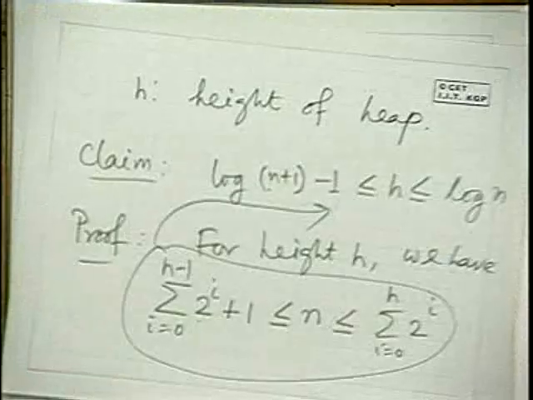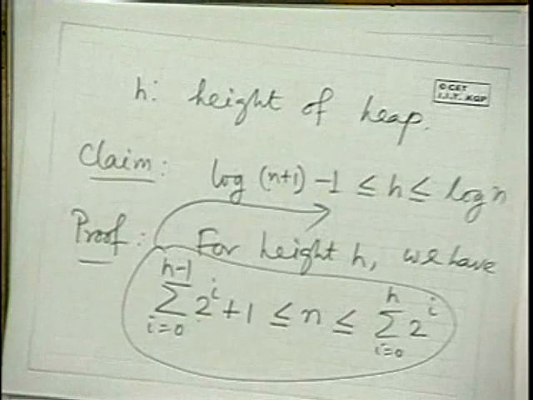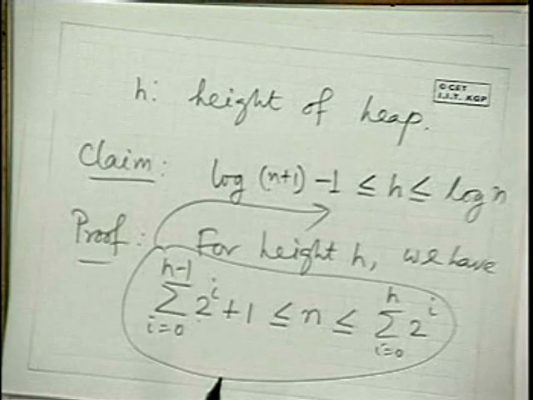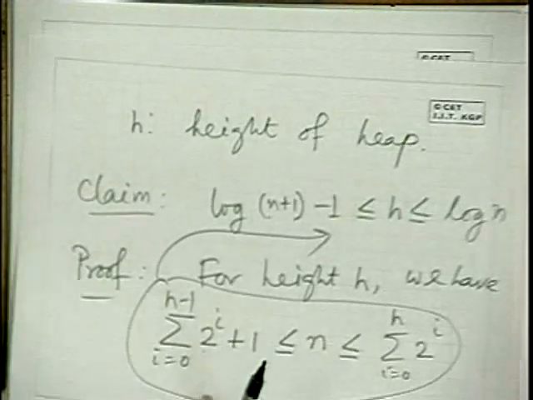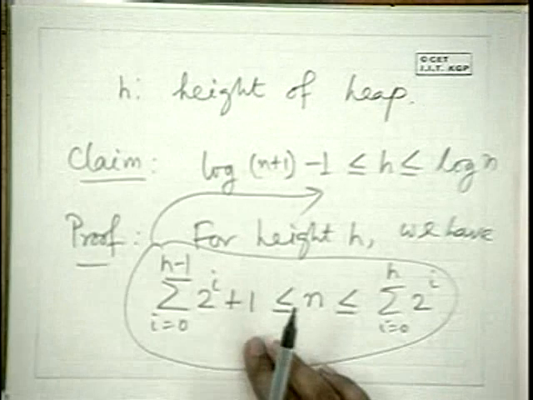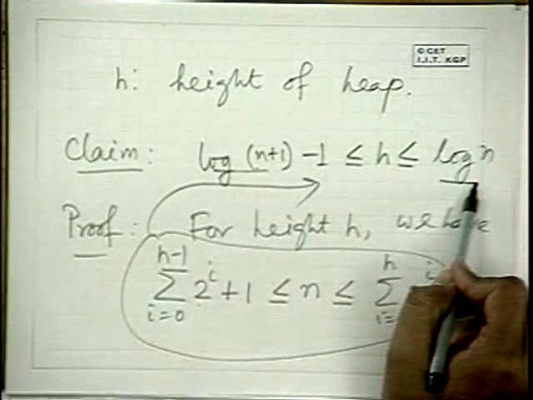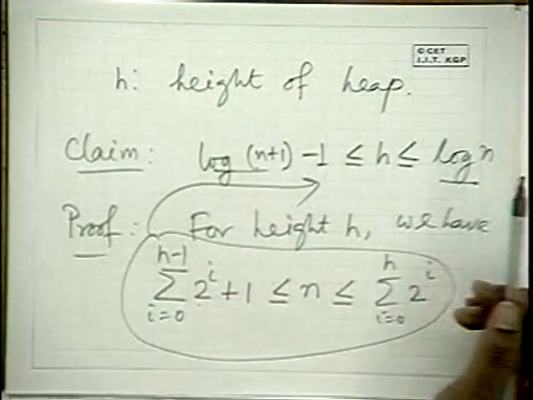If you manipulate on this side, you will get exactly this. Right? Any question on this? So what we know is that the height of this entire heap is always order of log n. It is both a lower bound and an upper bound on the height, so actually it is theta of log n.